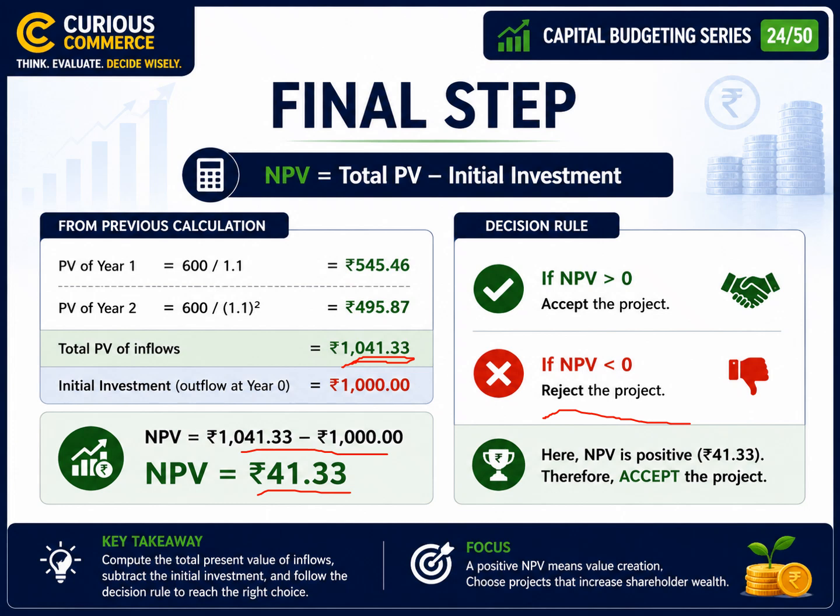This decision rule is widely used in companies across the world. Managers prefer projects that maximize shareholders' wealth. That's why NPV is often called the best capital budgeting technique.